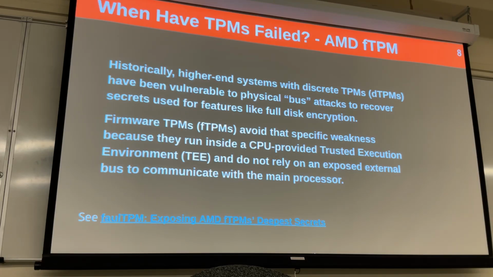So here's kind of moving to more what you're talking about. The firmware TPMs are also vulnerable. Originally, firmware TPMs avoided the specific bus sniffing weakness because the TPM's completely inside the chip. So that's cool, people can't just go accessing our TPM without deleting a chip.